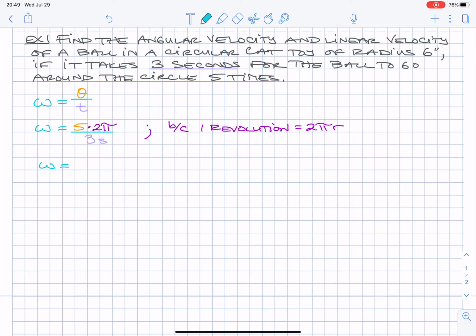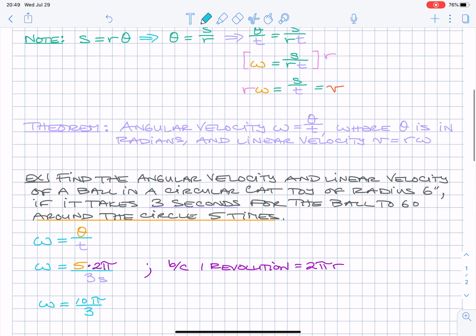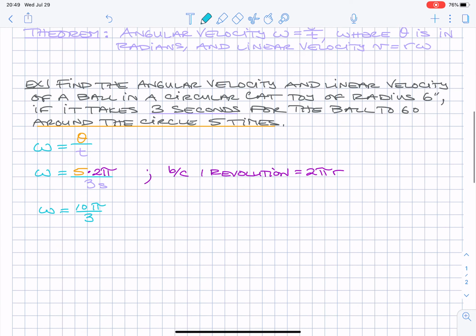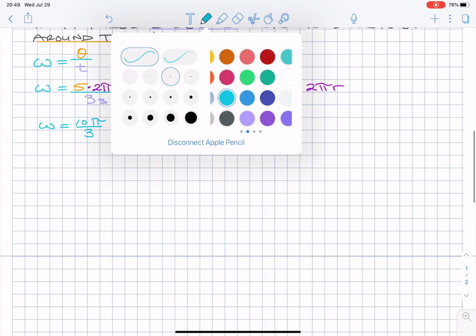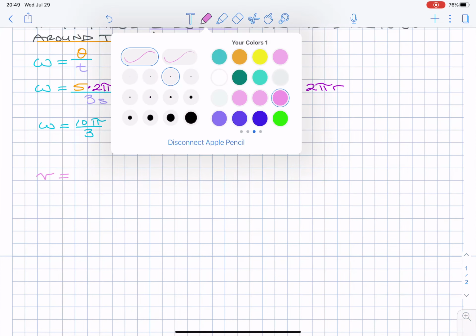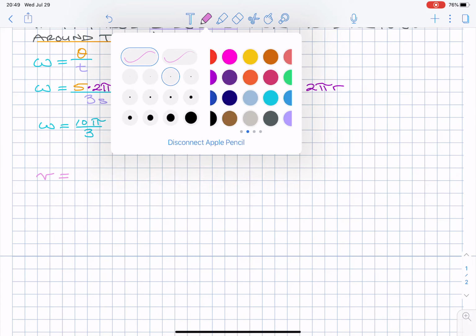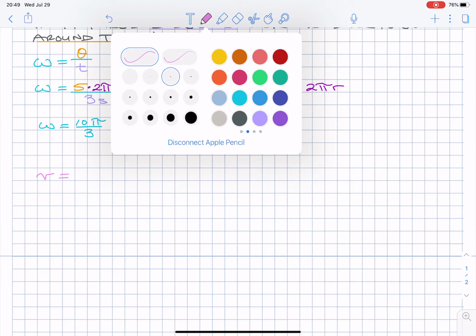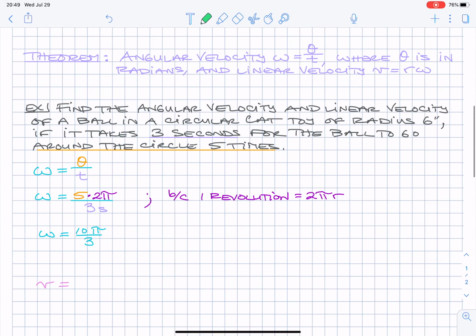Yeah, 5 times 2, 10 pi over 3 radians per second. Okay, hertz, I suppose. Well, that's my angular velocity. So I need to use that to find my linear velocity. So linear velocity v, I know is just radius r times omega.